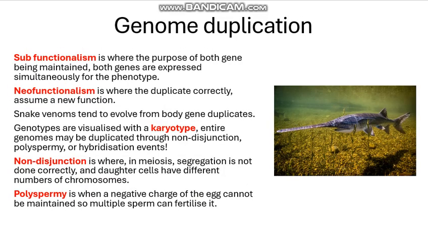We're going to talk a bit more about gene duplication now, and then the idea of entire genome duplication. So like we talked about here, if a duplicated gene assumes a subfunction, then the purpose of the original gene is being maintained through the original gene and the duplicated gene being expressed simultaneously to maintain that phenotype.